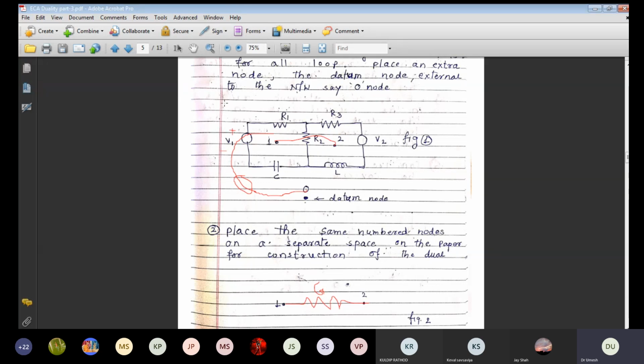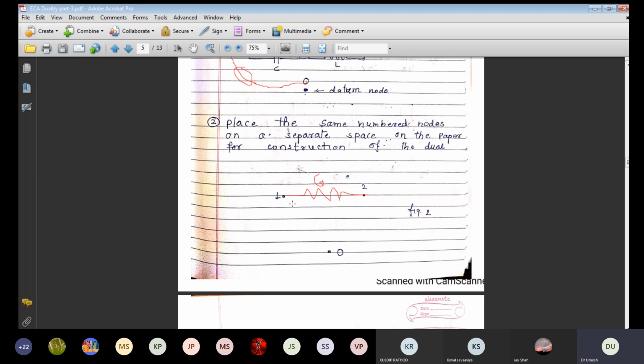Now in the second case, the current source I have to put from 1 to datum, so I have to start from 1. From here I have put one current source.